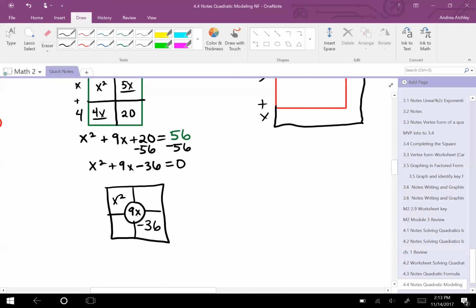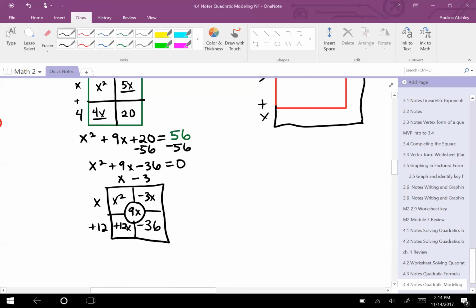Okay, anyone find the factors for me? Sebastian, what'd you get? I got x equals 3 and x equals negative 12. Those are our answers. Let's get our factors first. It said negative 3 and 12. Very good. That will give me negative 3x and positive 12x. If I subtract them, I'll get the 9.